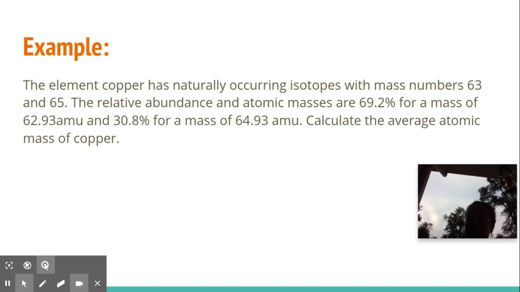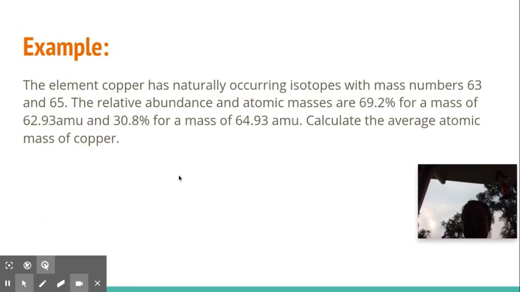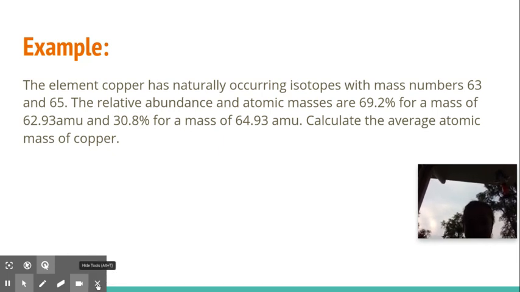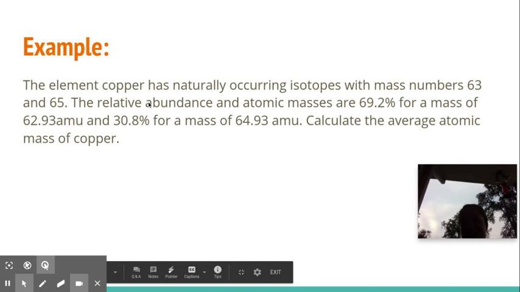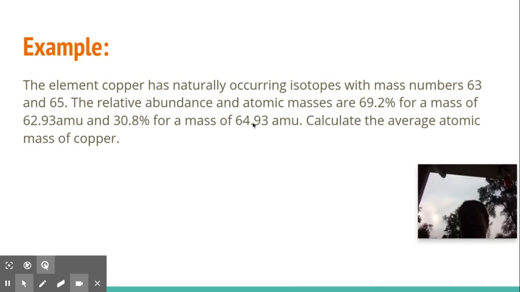Okay, if you haven't figured it out, just pause the video and then come back when you're ready to check your answer. Oops. Oh, I didn't type it up. So now I actually have to get a calculator. All right, so I'm just going to tell you how to do it. You don't need to use this AMU.